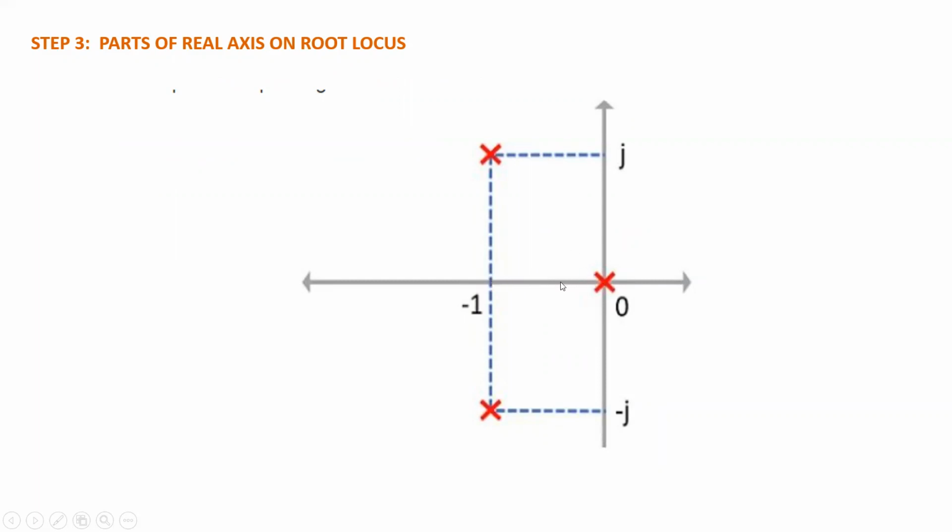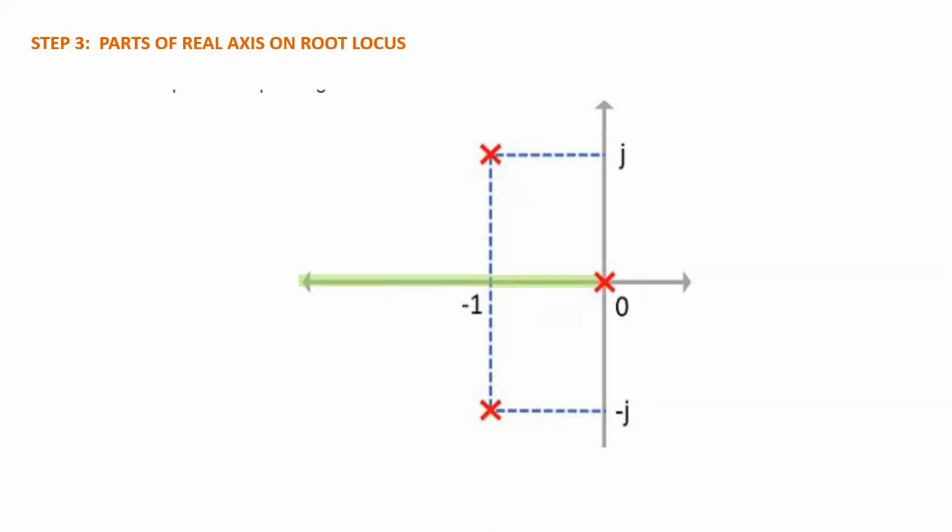And if we consider a test point over here, the total number of poles and zeros to the right is equal to 3, thereby making it an odd number. So we can say that this entire negative real line is lying on the root locus.